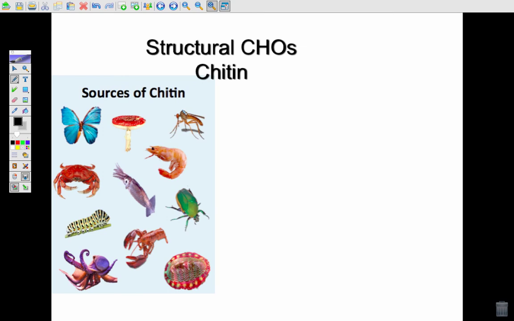Another structural carbohydrate is chitin. Chitin is found in insect shells and crustacean shells.